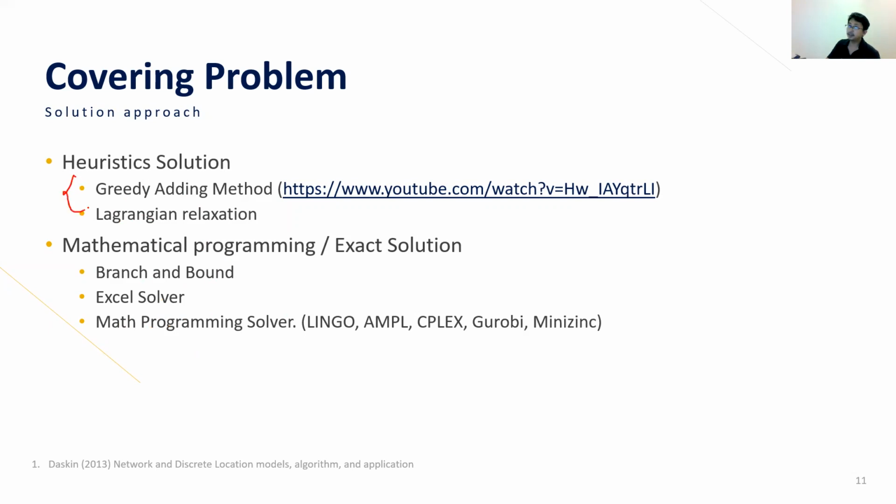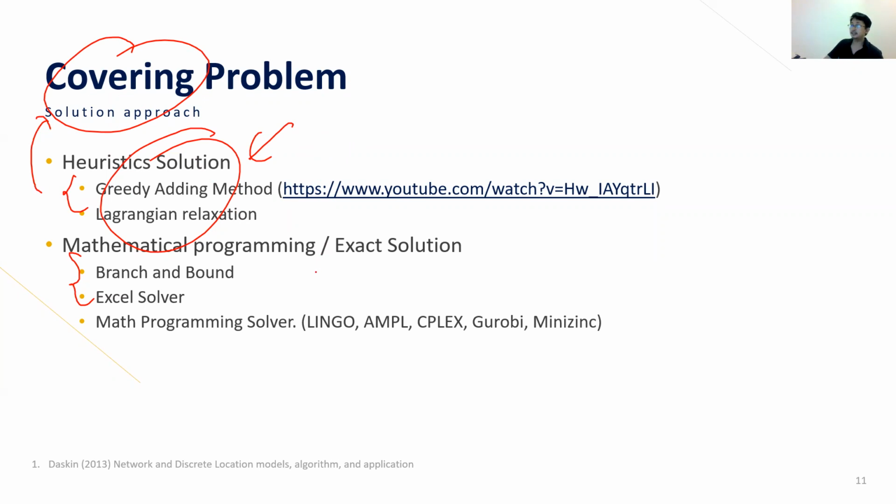For example, for heuristics, there are so many heuristics that can be applied to this type of problem, but if you later work on this particular problem for your final assignment, we will discuss the heuristic approach for covering problems then.